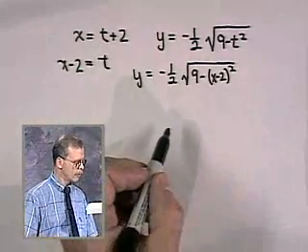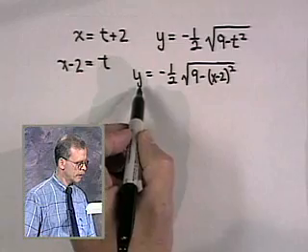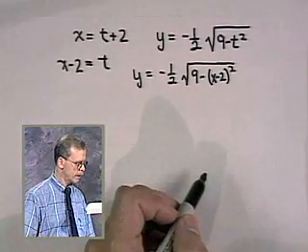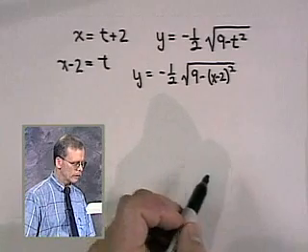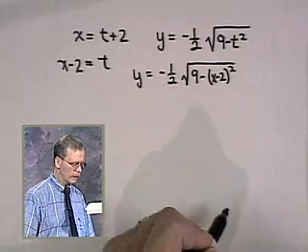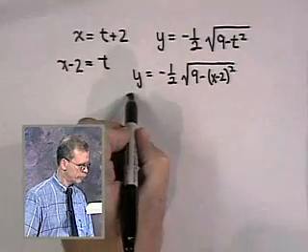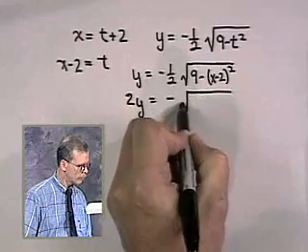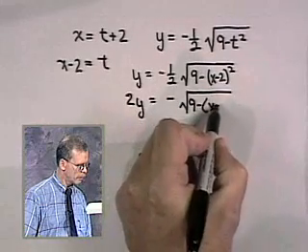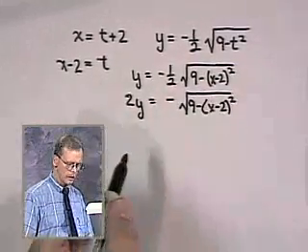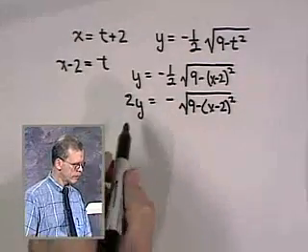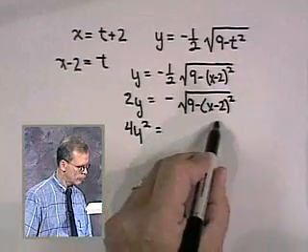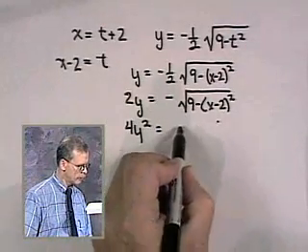Now technically we're done because we have an equation in rectangular form. There's a y and there's an x. But this doesn't look much like an ellipse or anything else we recognize for that matter. So let's continue manipulating the equation a bit. Let's multiply both sides by 2. There we go. And now let's square both sides. The square root sign will fall out of the problem.